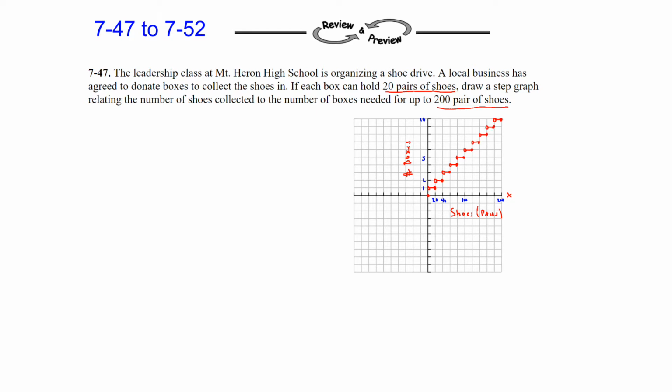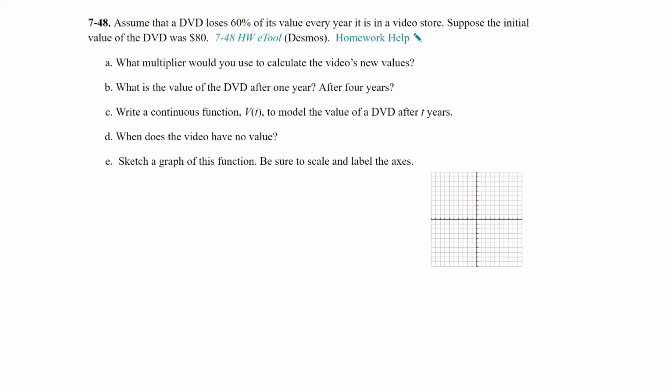Once I'm done, I went all the way up to 200 pairs of shoes. You can see that 200 pairs of shoes will need 10 boxes. And if you go over that, then you're going to need 11 boxes. So that represents the step function or the step graph that we're looking at.